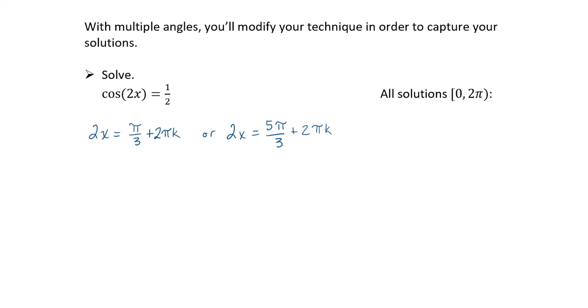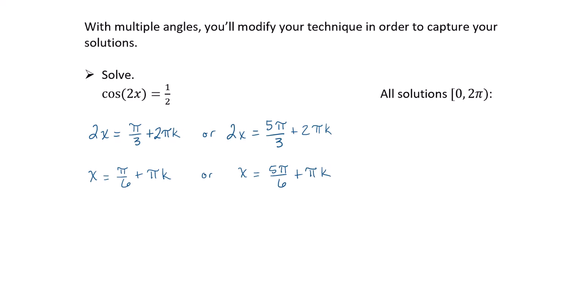So I'm going to multiply both sides by 1/2 to get my x by itself. It's going to be a pi over 6 plus pi k. The other will be x equals 5 pi over 6 plus pi k. Again, just multiplying both sides through by 1/2.